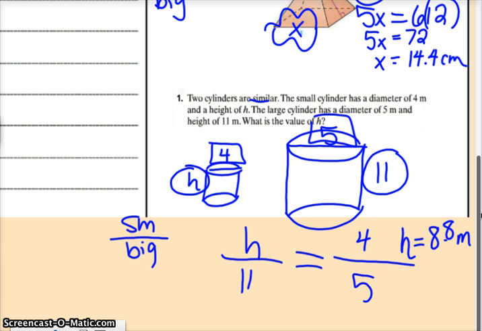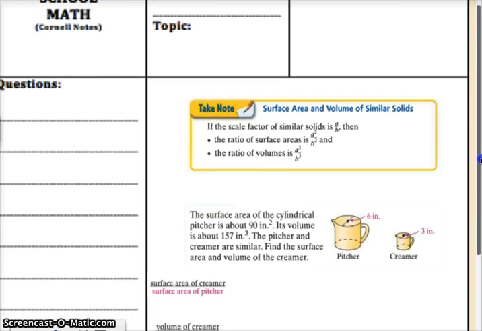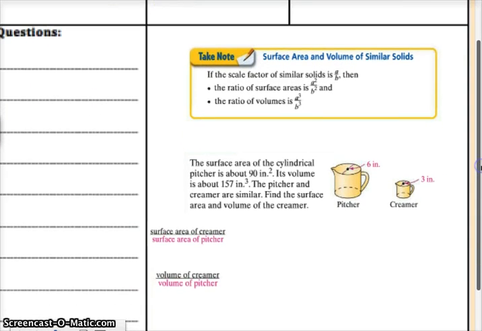Nothing too shabby. It gets shabby on the next page. Look at the next page and take a look at the little rules I have there. We utilize scale factors. Remember, scale factor is a ratio of corresponding sides. So we utilize them to find surface area and volume of similar solids, similar three-dimensional shapes.